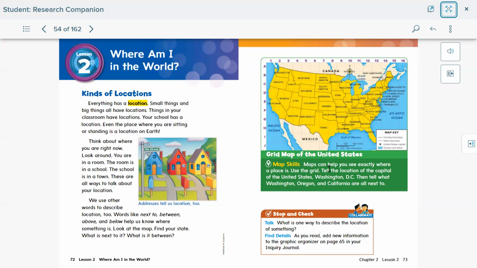Map skills. Maps can help you see exactly where a place is. If we use a grid to tell the location of the capital of the United States, Washington, D.C., can you find it? Remember, we have the symbol. Very good. Tell what Washington, Oregon, and California are all next to.